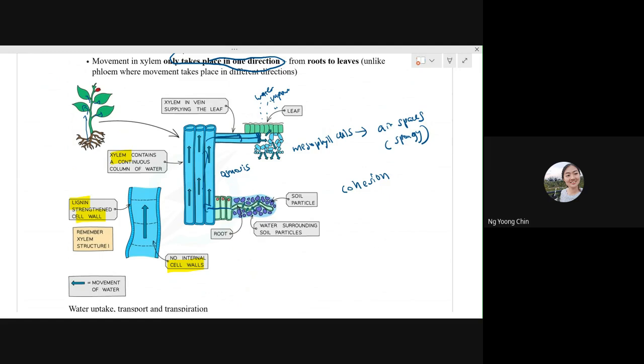When the water molecules enter the xylem vessel, at the same time there will be another water molecule also found in the xylem vessel, right? Like this. So they will form attractions between the water molecules. So cohesion means that attraction, force or attractions between the water molecules.